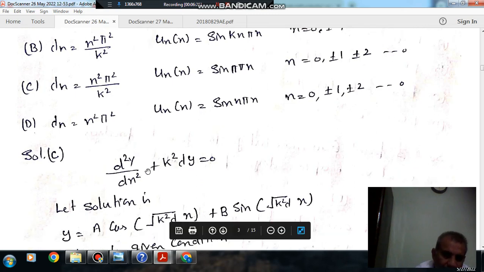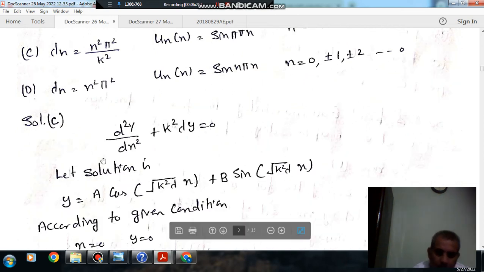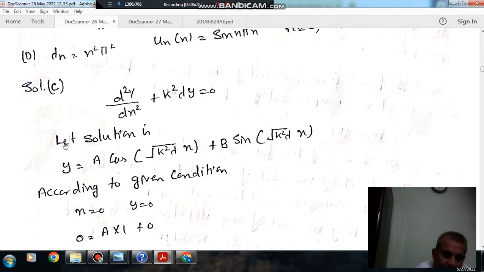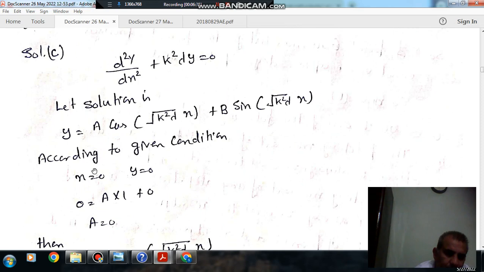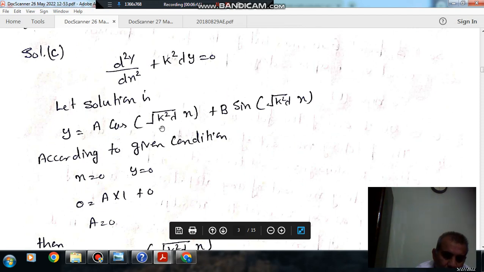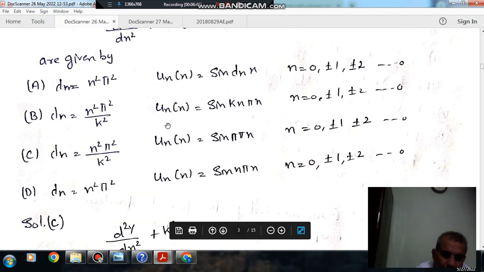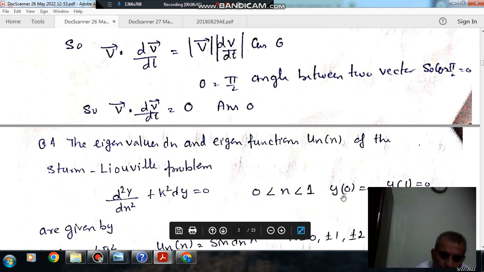So d square y by dx square plus k square lambda y equals 0. Let the solution of this equation be a cos of root of this into x plus b sin of root of this into x. The boundary conditions are: x equals 0, y equals 0.